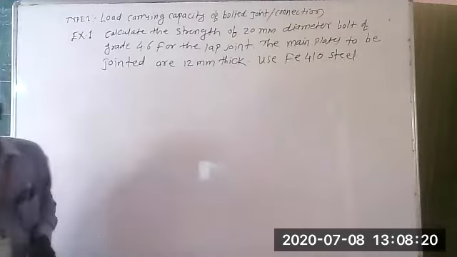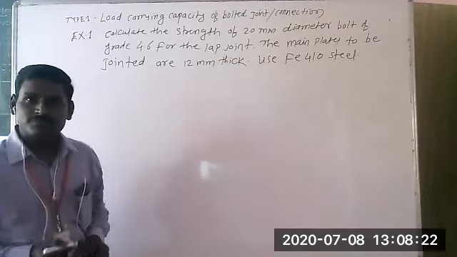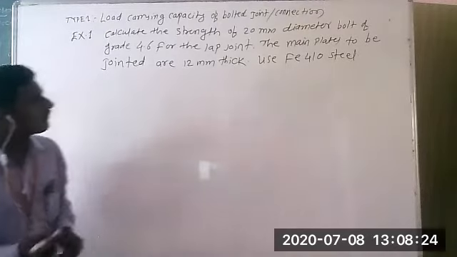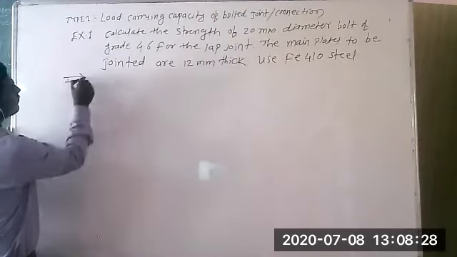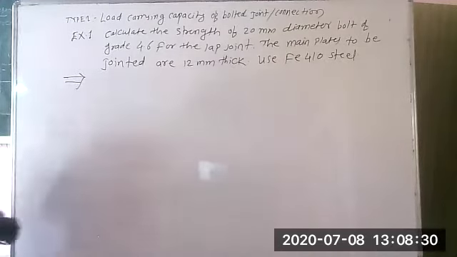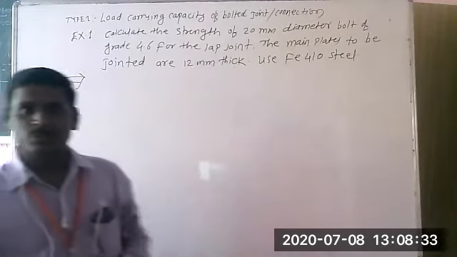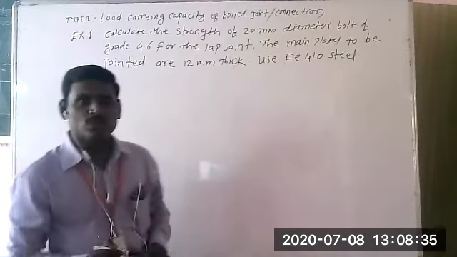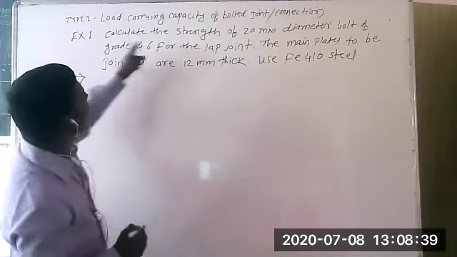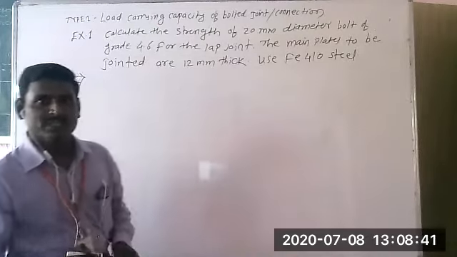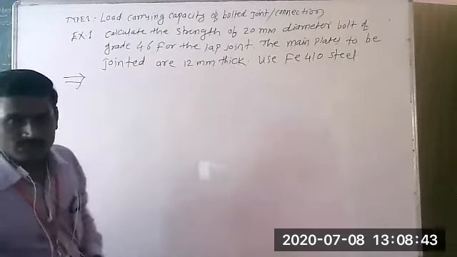This is the problem statement. Have you written? Now, with the help of the design procedure of load carrying capacity of bolted joint, we have to solve this example. So we have to calculate the strength of the 20 diameter bolt.